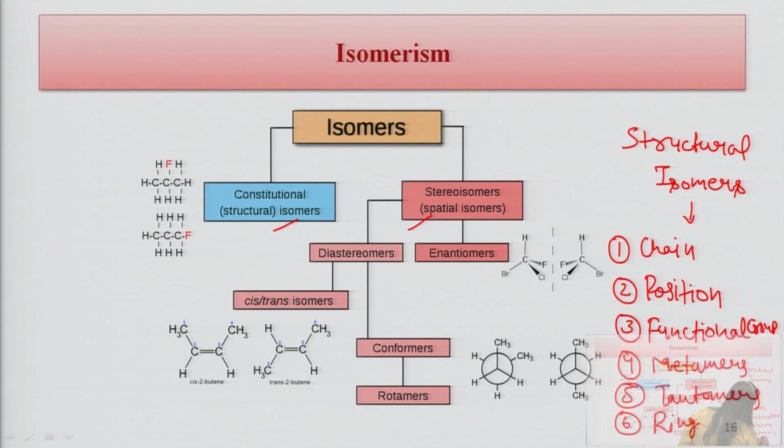This will be given by the alicyclic compound. So, there we can see six types of structural isomerism.